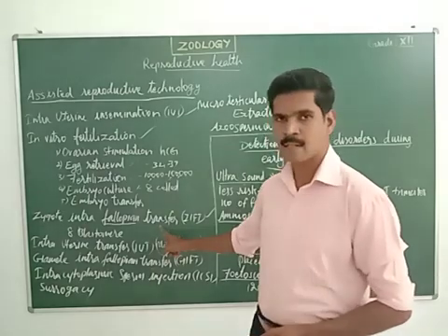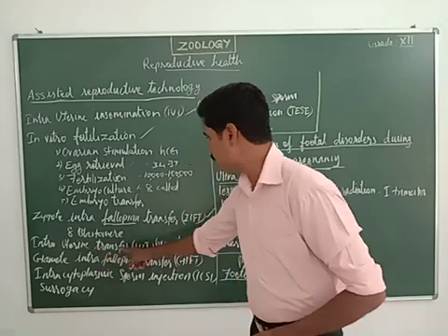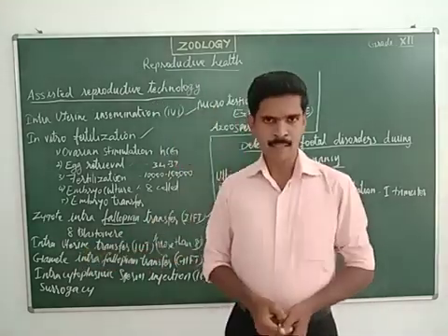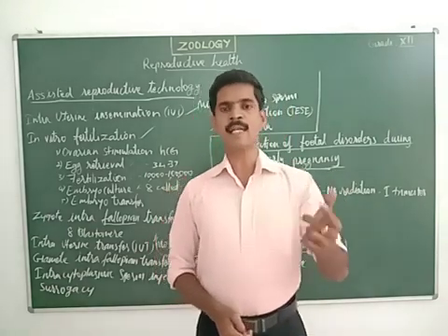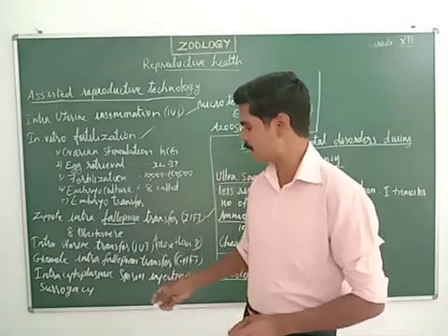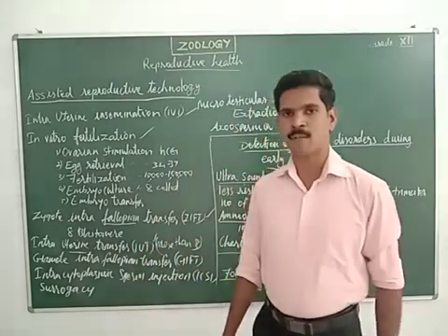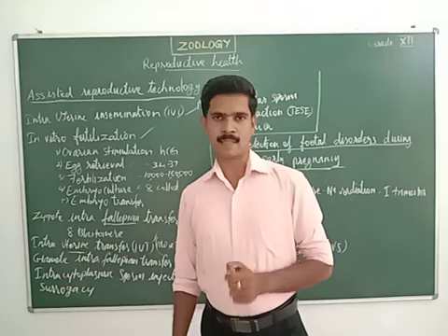So three assisted reproductive techniques we have completed now. Then the fourth one is intrauterine transfer, IUT. Here in this technique, the zygote with more than 8 blastomeres is transferred to the uterus of the female reproductive system to develop into a fetus.